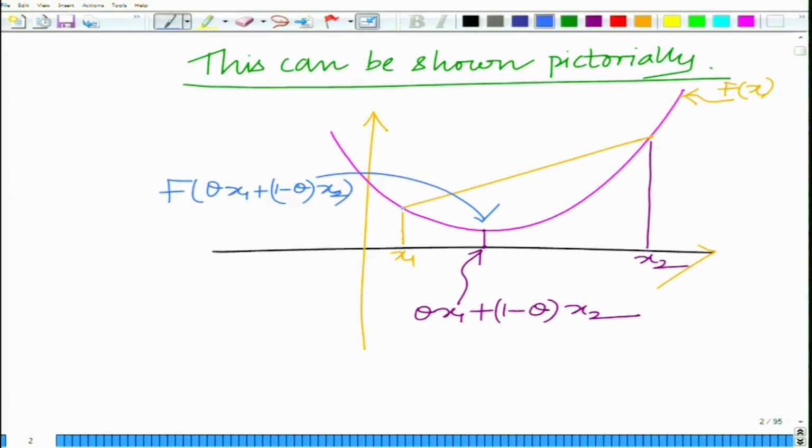Now, on the other hand, look at this point, f of x1, that is one end of this chord, and this point is f of x2, and we know that if you take a convex combination, that represents the line segment.